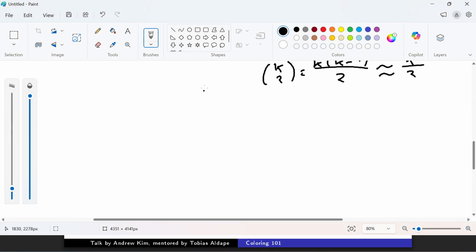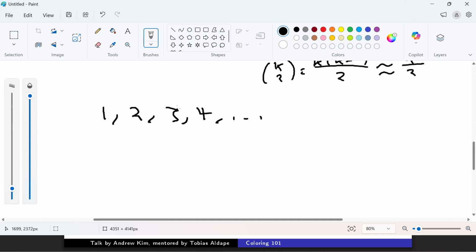So let me break down what this means. First of all, you have the positive integers, 1, 2, 3, 4, and so on. And an r-coloring just means you have a finite number of colors and you have r of them. So if r is equal to 3, your colors might be red, blue, and green.